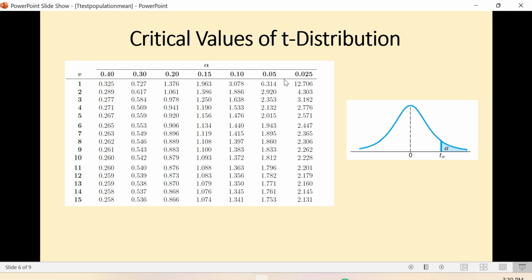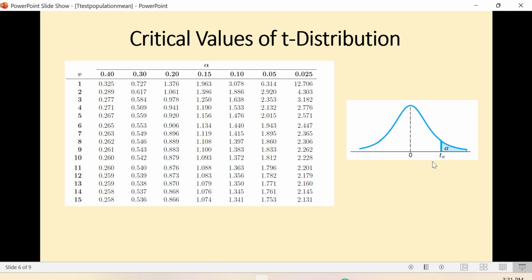For example, with alpha 0.05 and 12 degrees of freedom, the t critical value is 1.782. On the other side, if we have calculated a t value, for example 2.179 with 12 degrees of freedom, then we can get the probability on the right side of this value, which is 0.025.